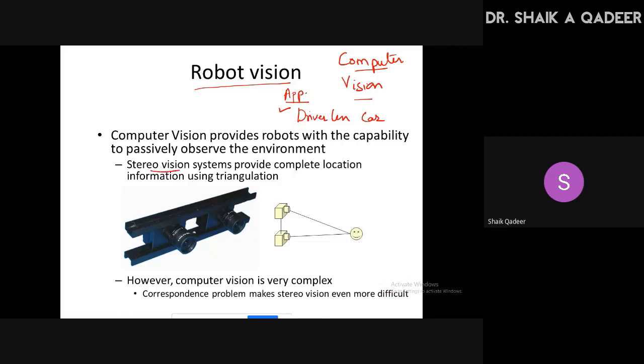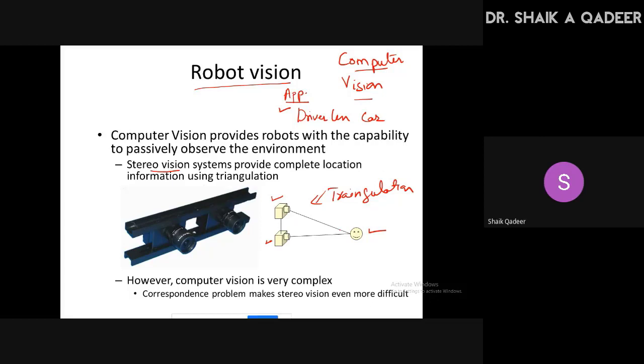Stereo vision is nothing but a triangulation method. Suppose this is the object which we want to pick. Instead of using only one camera, we make use of two cameras, which make a triangle when we include both cameras with the object.